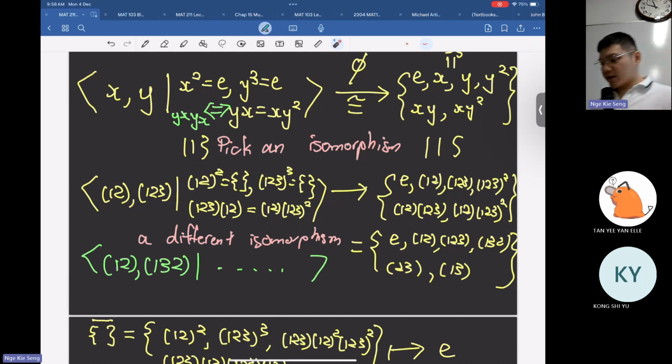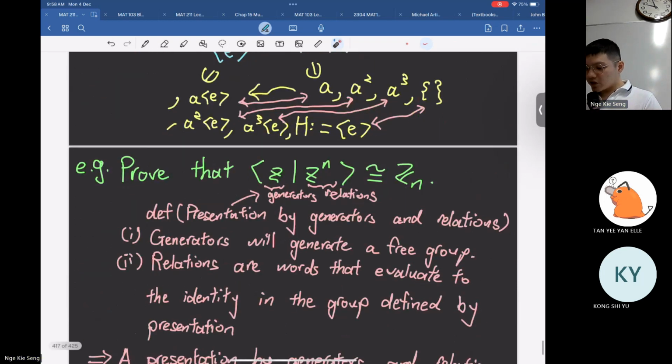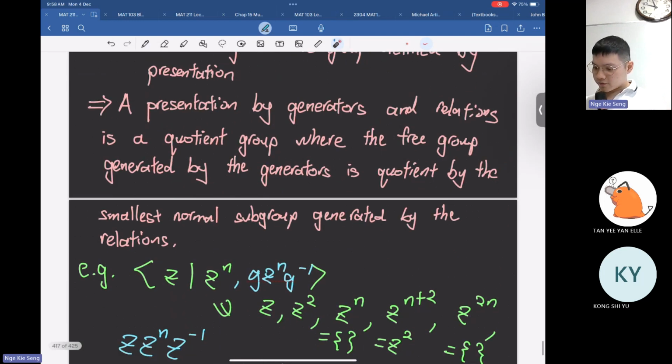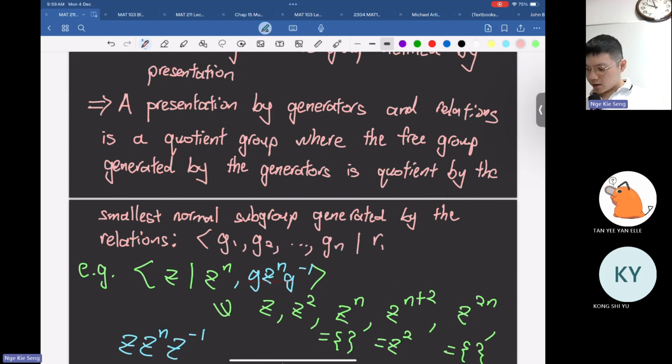So I defined presentation by generators and relations very generally. Okay, I think you are confused here. So what should I write here? I should write this presentation as G1, G2 up to Gn generated by R1, R2 up to Rn.